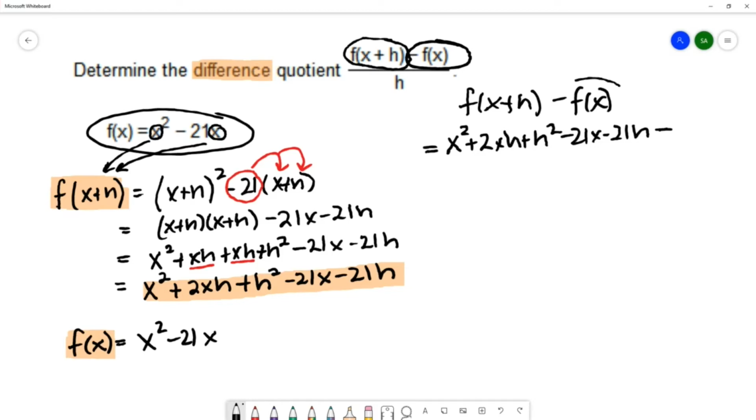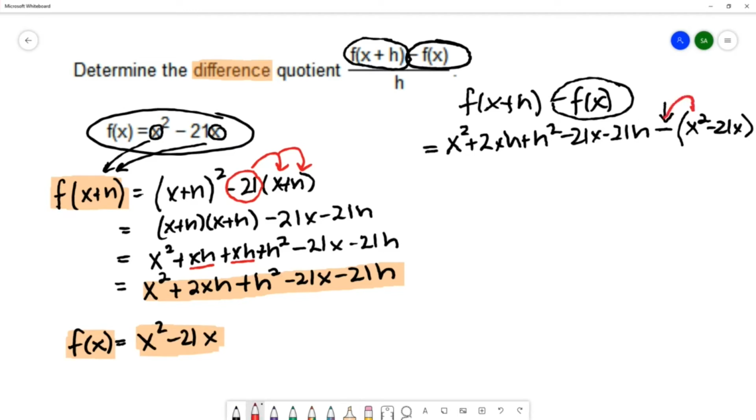I want to subtract the whole function. So I need to put parentheses around f of x to make sure that this minus sign applies to the whole function. So I'm going to put parentheses and write down what we have here for f of x. That's x squared minus 21x.